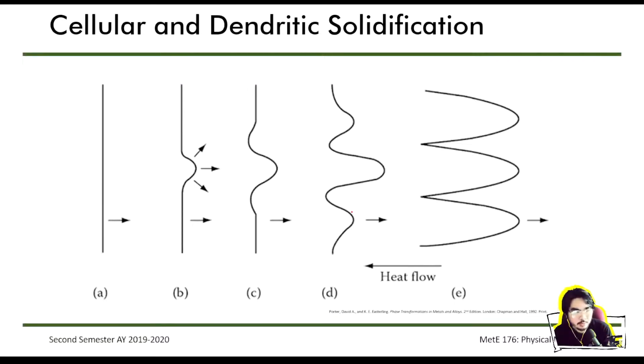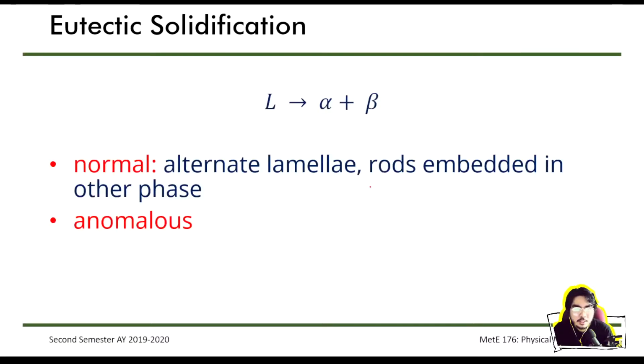In a way, we are saying that in this particular case, we are growing into a constitutionally supercooled liquid. If that makes more sense, right? So what we will see is something that looks like this.